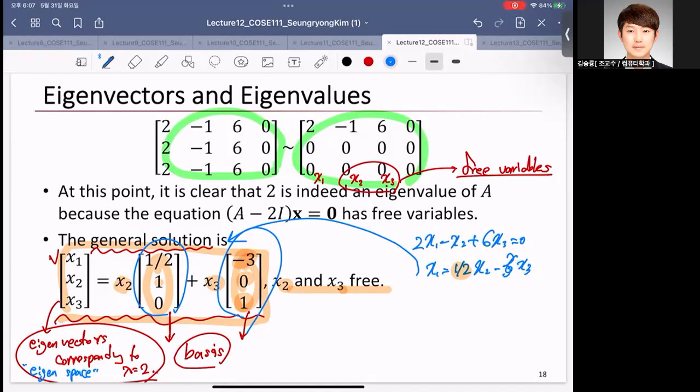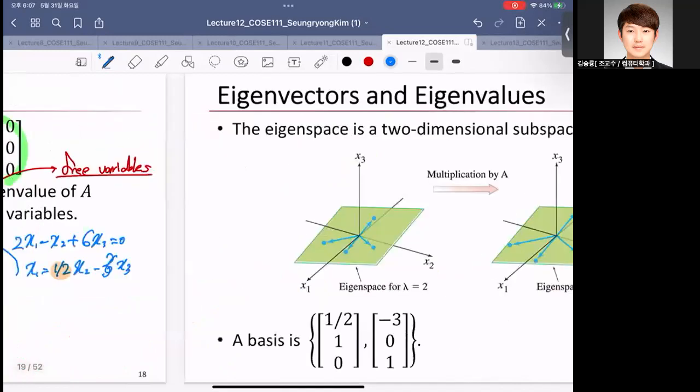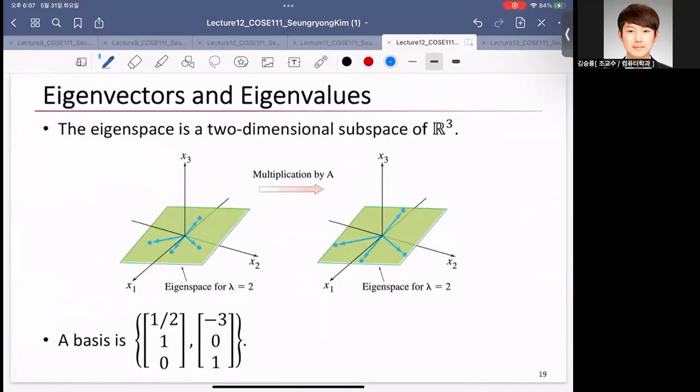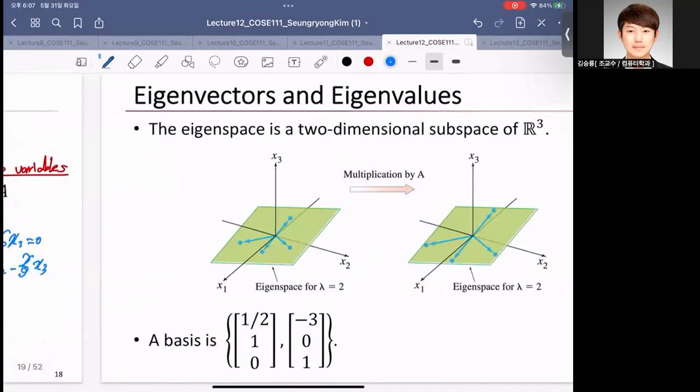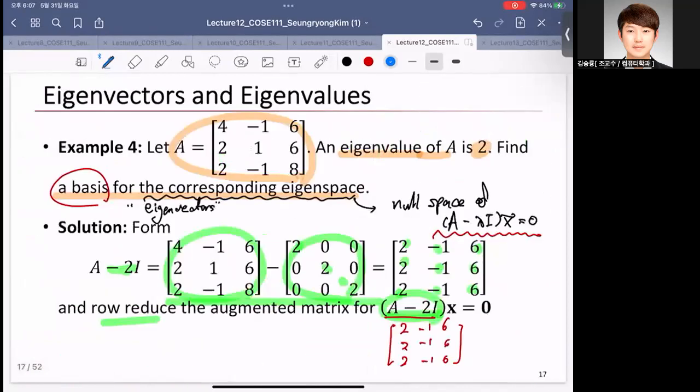So what's the geometric meaning of this eigenspace? So let me talk about it here. This is a 3x3 matrix. So it means that this 3x3 matrix can transform a 3x1 vector to another 3x1 vector.